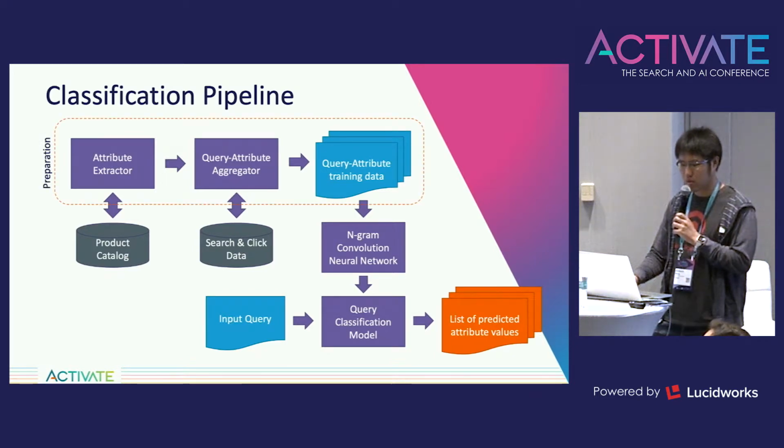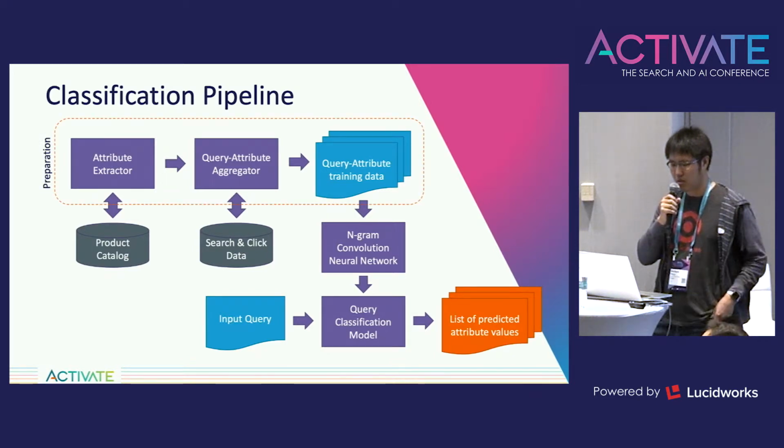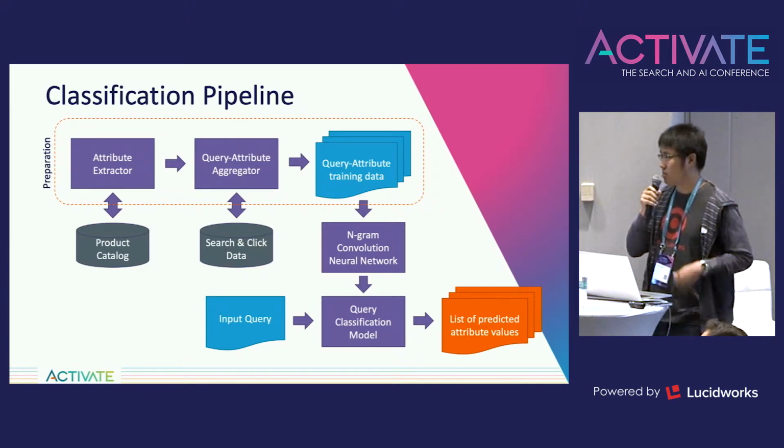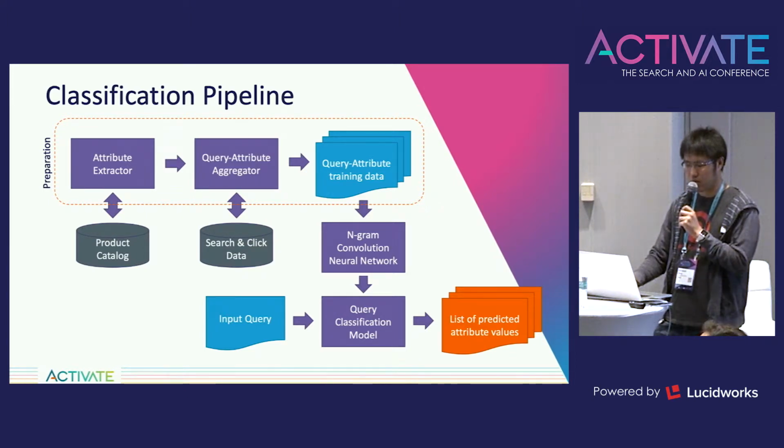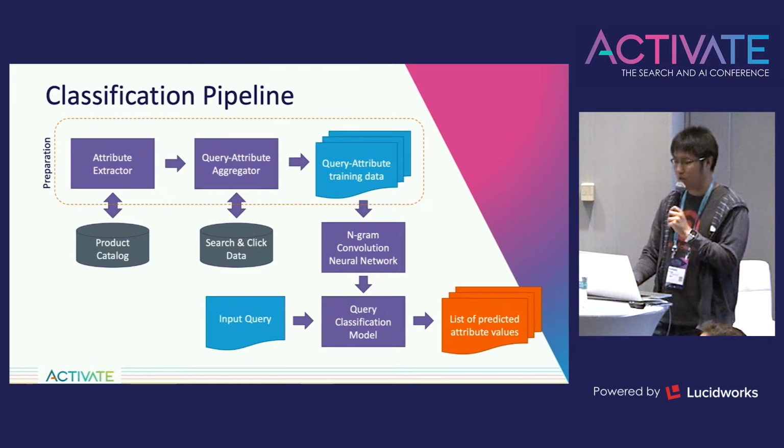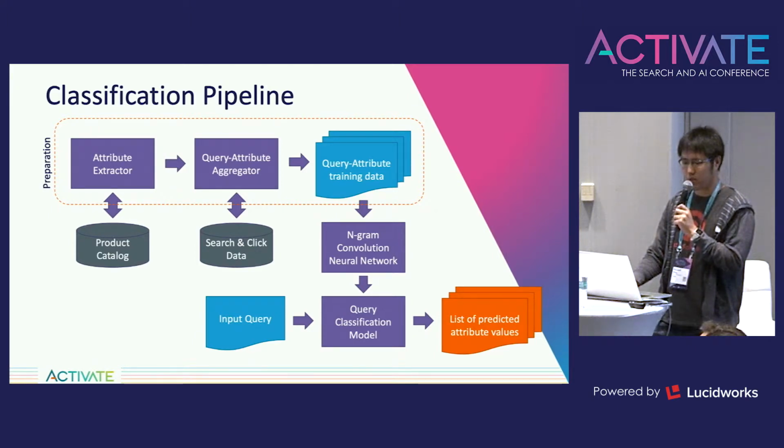So let's quickly go over the pipeline. During the preparation step, we basically have the attribute extractor that extracts all the SKU to attribute value pairs from the product catalog. And then we have the query attribute aggregator that aggregates the query to those attribute values using the search and clickstream data.